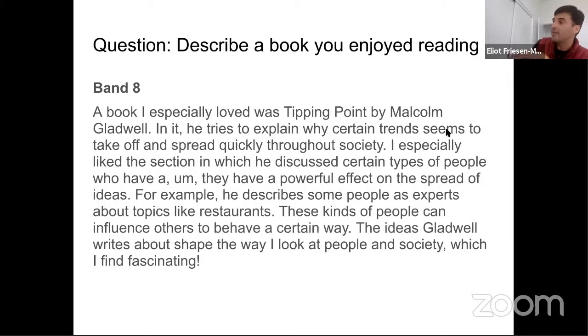I especially like the section in which he discussed certain types of people who have a powerful effect on the spread of ideas. For example, he described some people as experts about topics like restaurants. These kinds of people can influence others to behave in a certain way, right?